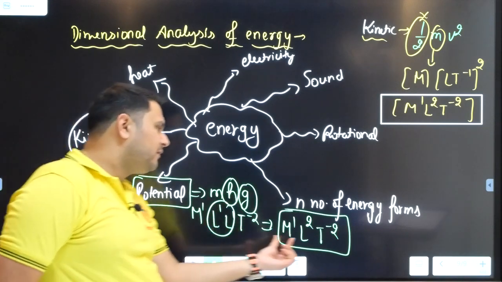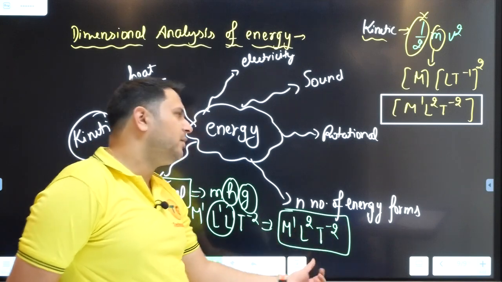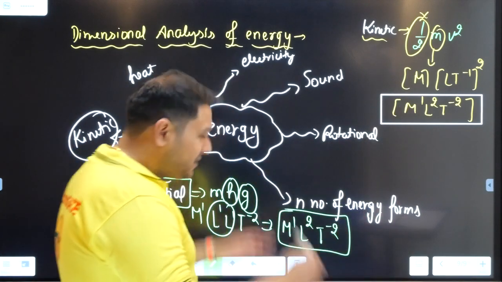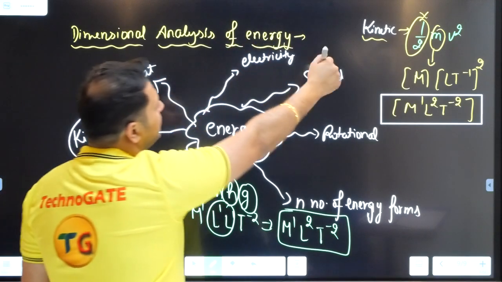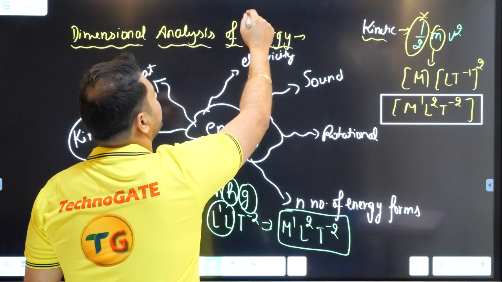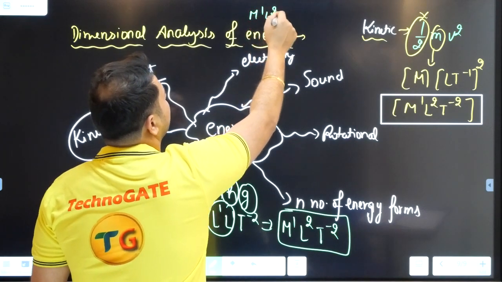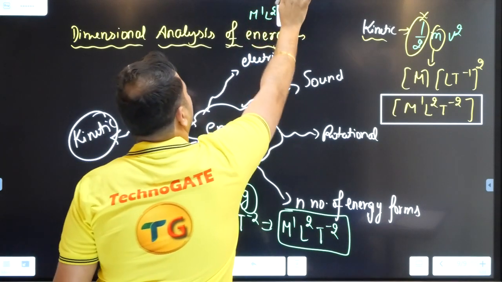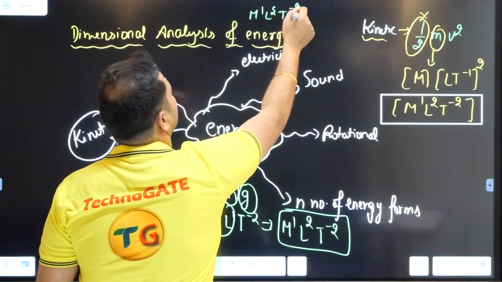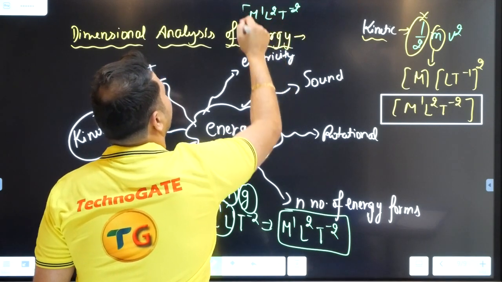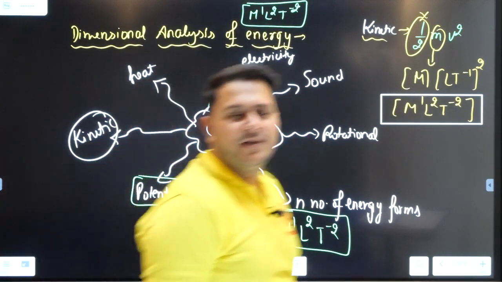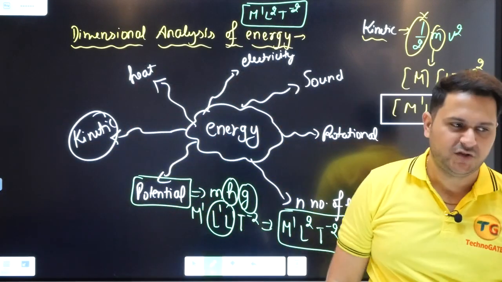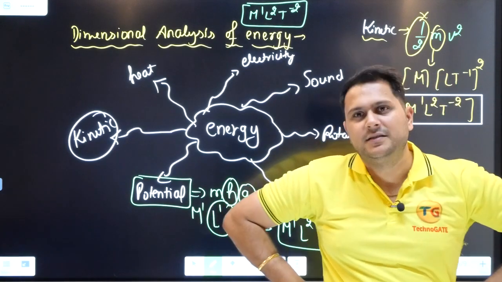So these L1 will combine and form M1 L2 T minus 2, and this is the same. This is why I am saying the dimensional analysis of all the energies is going to be M1 L2 T minus 2. Whatever form of energy you may consider, the dimensional analysis is going to be the same.